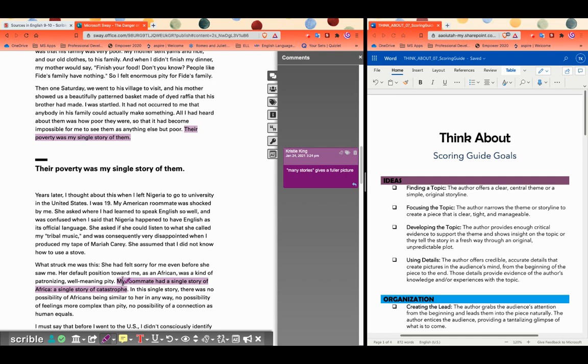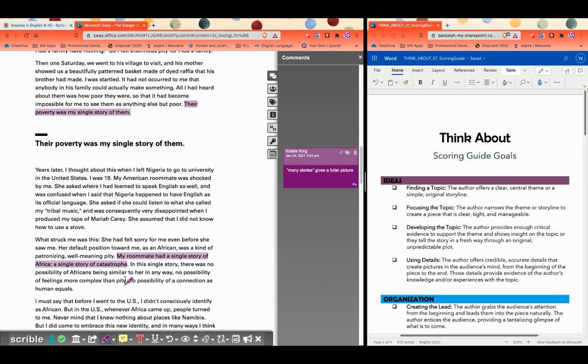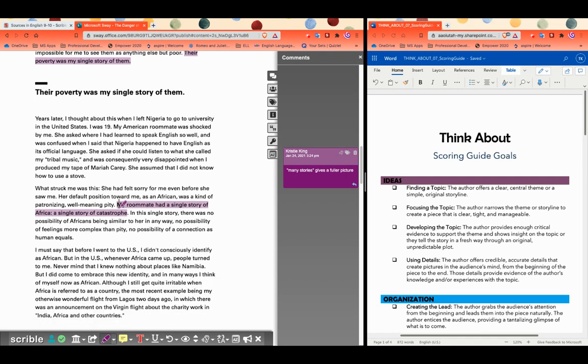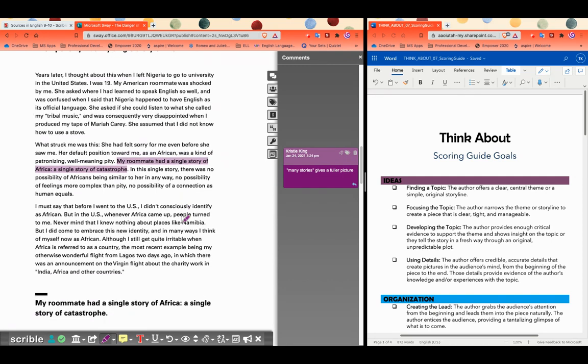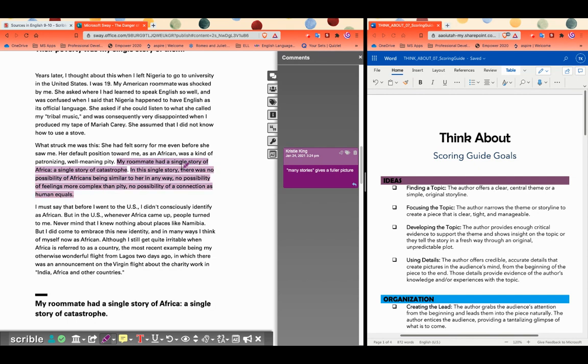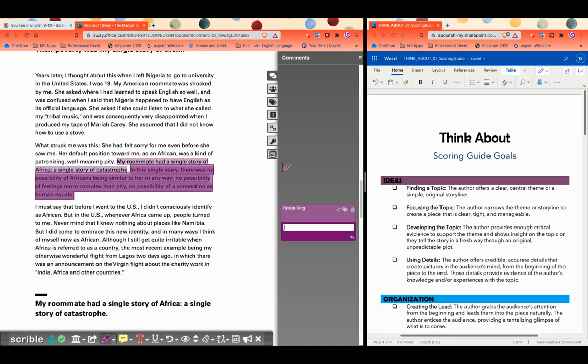And she expands that into how her roommate, as an American, had a single story of Africa, and that single story or stereotype was catastrophe. And here is where she shows insight. I might put here insight on the danger of a single story.